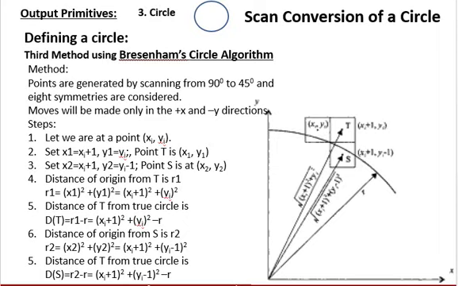Then the distance from the origin: r1 equals x1 square plus y1 square. Here we find the distance from the center, which is r1, and the distance of the point from the true circle is dt, which is r1 minus r from this formula, and so on. Distances are calculated here.